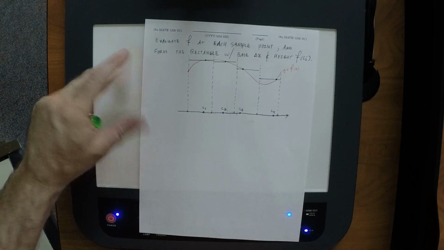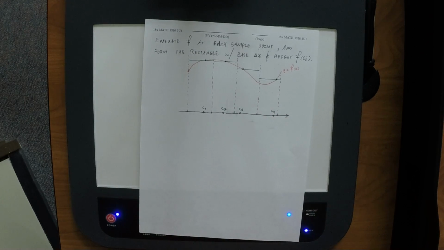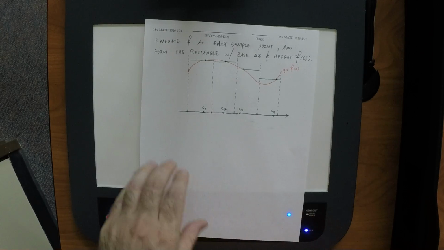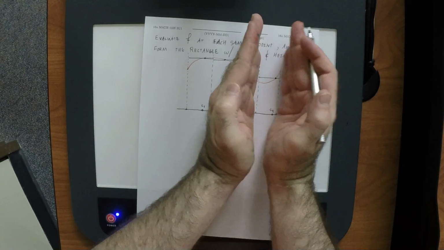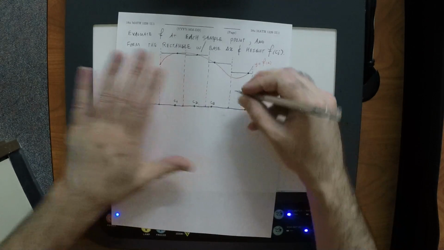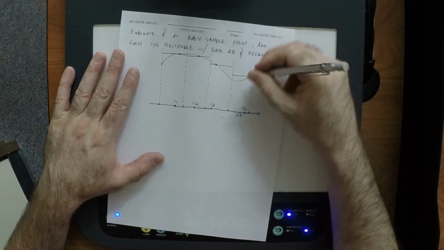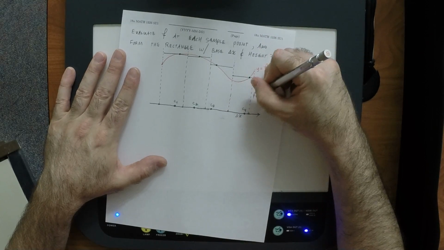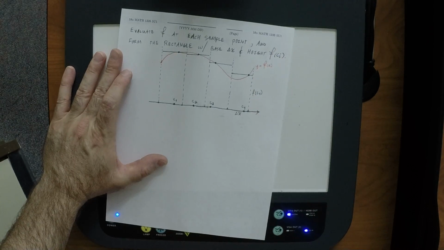Okay, so now we've got the red curve, and we've got the green rectangles. For example, this rectangle that's furthest to the right, its base is delta x, and its height is f of c4. So what's its area?